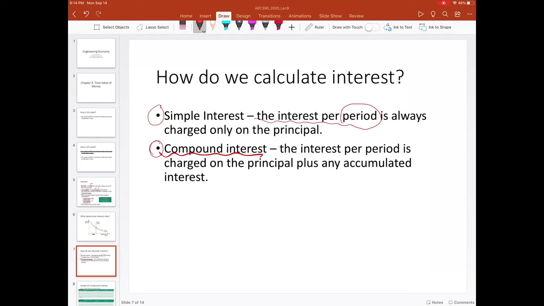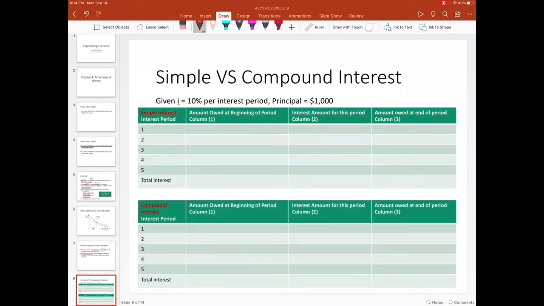Okay, this might sound very abstract now. So now let's take a look at an example. Here we have two tables to calculate the interest and how much you owe to the bank. And so now the condition is what? The interest rate is 10%. We use I as a symbol for interest rate, okay?